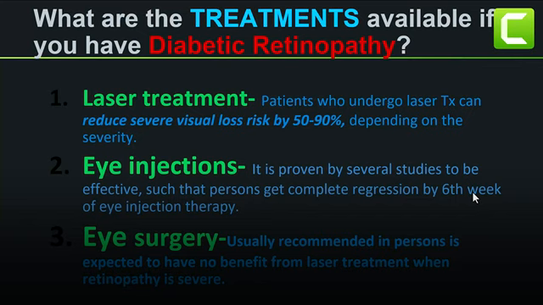And the final treatment that is available is eye surgery. And these are usually recommended in persons expected to have no benefit from laser treatment when retinopathy is severe. During the eye surgery, blood or scar tissue is removed.